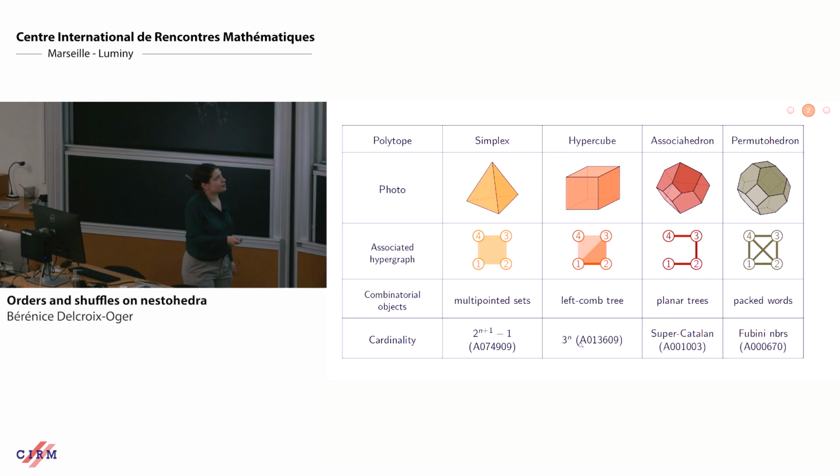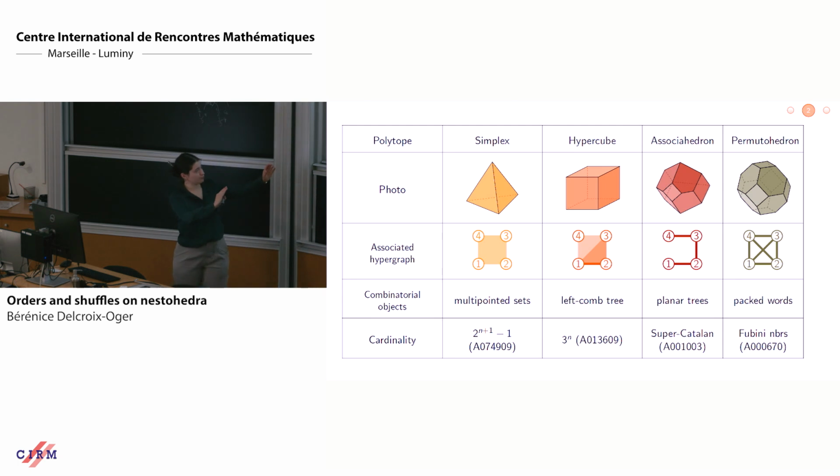I didn't say, but in fact, there is not a unique hypergraph associated to a polytope. So here, for instance, for the associahedron, we can consider this hypergraph. I've drawn the minimal hypergraph, but we could also consider the hypergraph with an edge 1, 2, 3, or with an edge 2, 3, 4, and it will be a different hypergraph, but the same polytope.